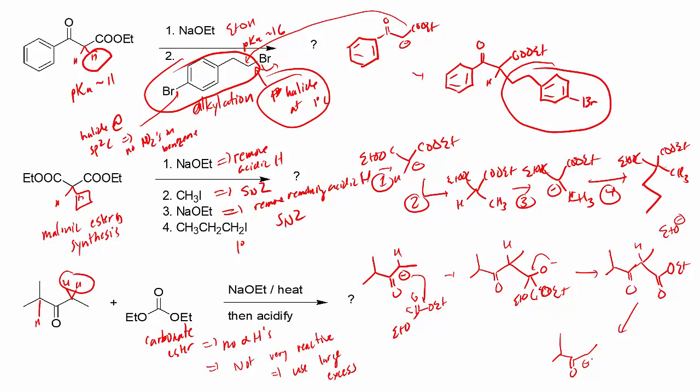Let's call that a methyl, a CH3 instead of the bond line diagram. And after acidifying, we would have this.